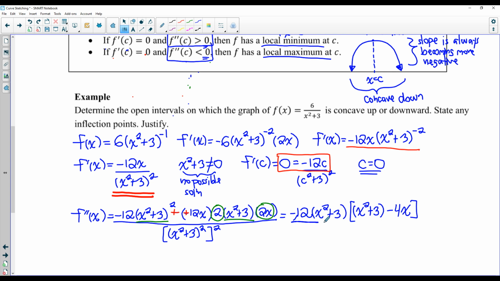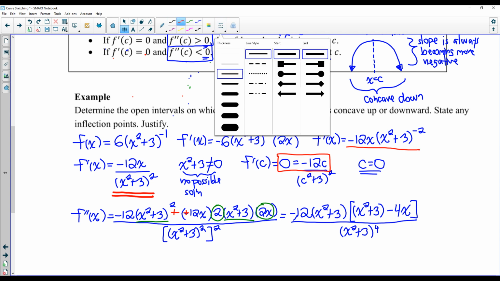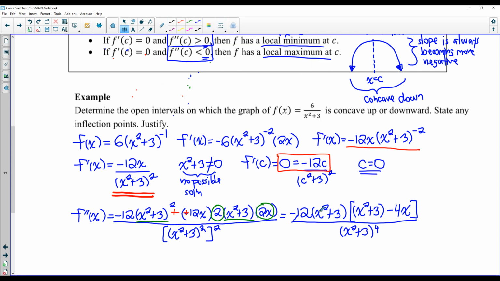And then we'll divide this all by x squared plus 3, and that's going to be raised to the power of 4. Now, that's going to simplify a little bit, because I can cancel this one on the top and then take this exponent and turn it into a 3.